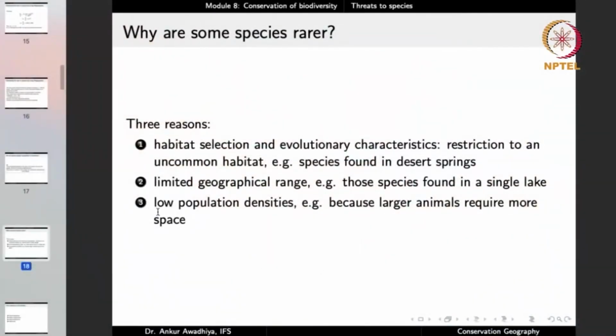And certain species typically have low population densities. In a large number of cases, the larger sized animals have low population densities because they require more space. So for instance, if we look at elephants, they will give rise to only one calf in each gestation. And these calves will be produced after a span of several years.